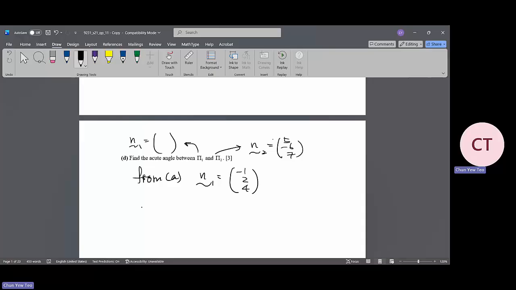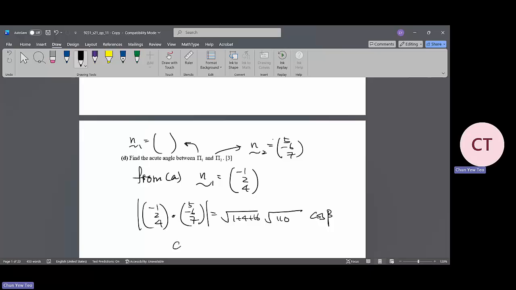Okay, so your dot product N1 dot N2 is equal to the magnitude N1 times magnitude N2, I call the angle beta, modulus of negative 1, 2, 4 dot 5, negative 6, 7. It will be 1 plus 4 plus 16, and 5, negative 6, 7, just now we know is 110.